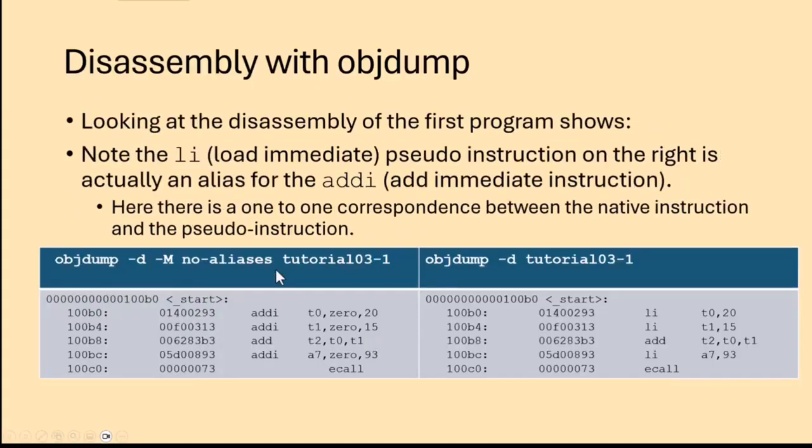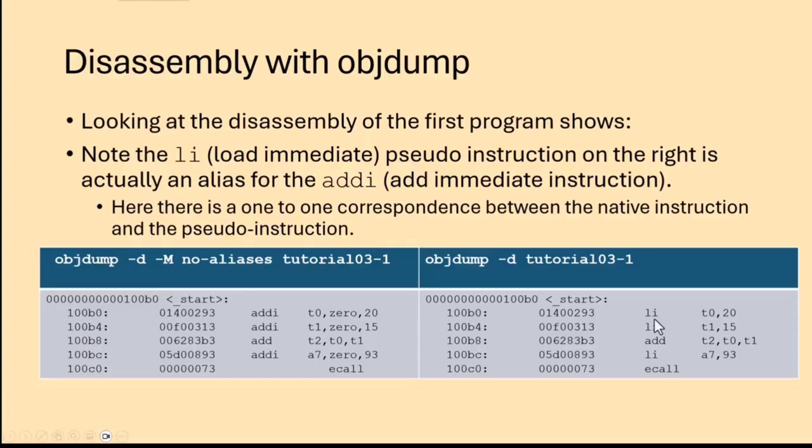So here's an example. If we run OBJDUMP and we use the no aliases option, then this is what we have here. And if we use it without specifying no aliases, then this is what we'll have in this case. So what actually happens here is that things are a little bit different. We can actually see the LI instruction, which is load immediate. Now this is a pseudo instruction that actually translates into, again, as we said, 1 or more instructions.